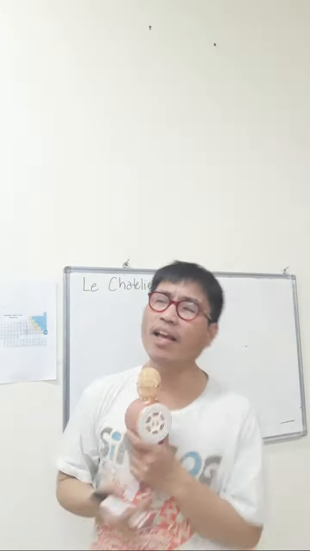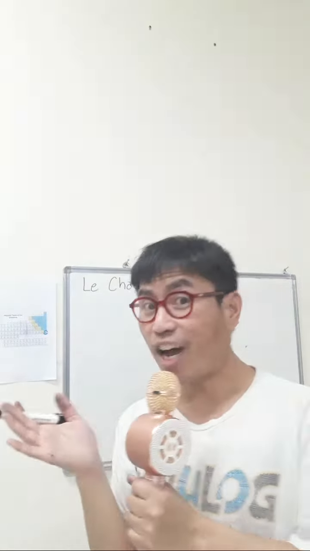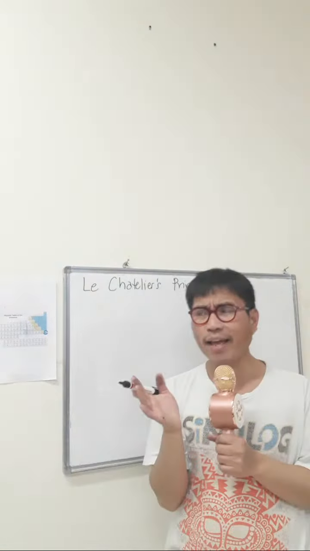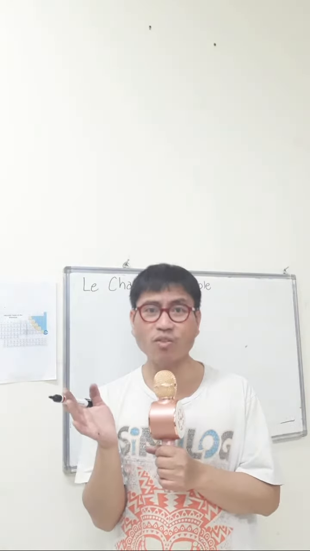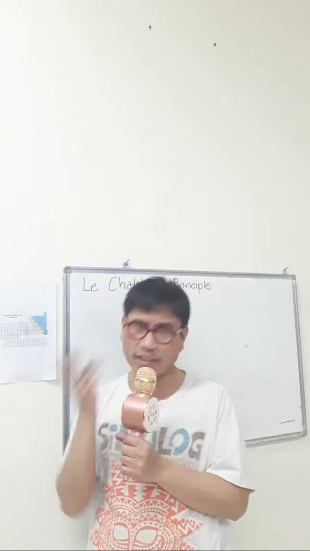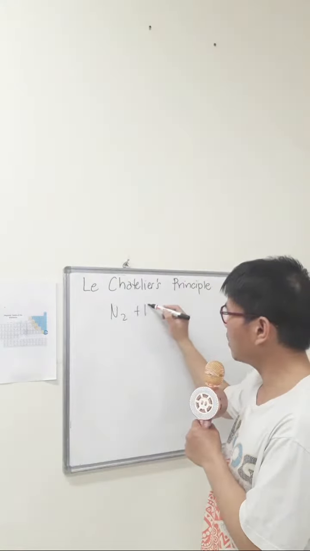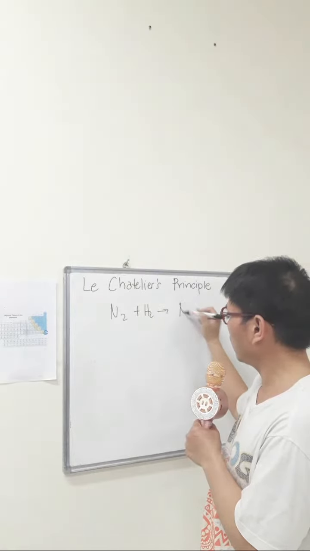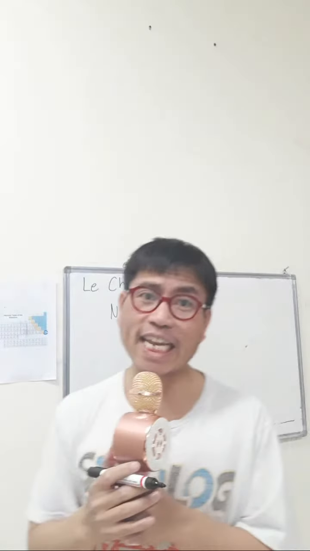For example, take the Haber process, which reacts nitrogen gas and hydrogen gas. Let's say I have nitrogen gas plus hydrogen gas yields ammonia. This process is very useful in the production of fertilizers.